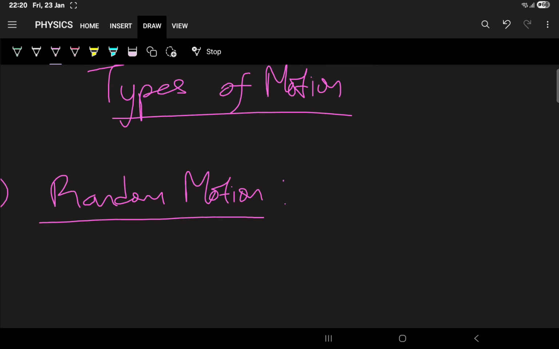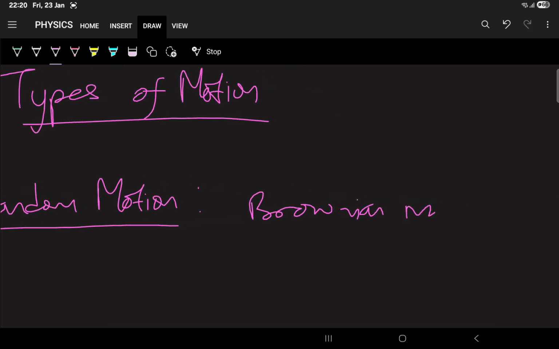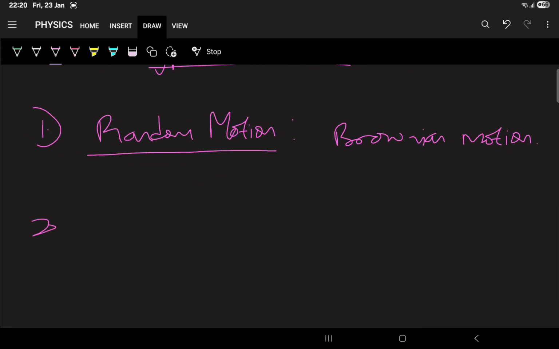Random motion simply refers to haphazard motion that is done randomly. An example of this is Brownian motion. Now, number 2, translational motion.